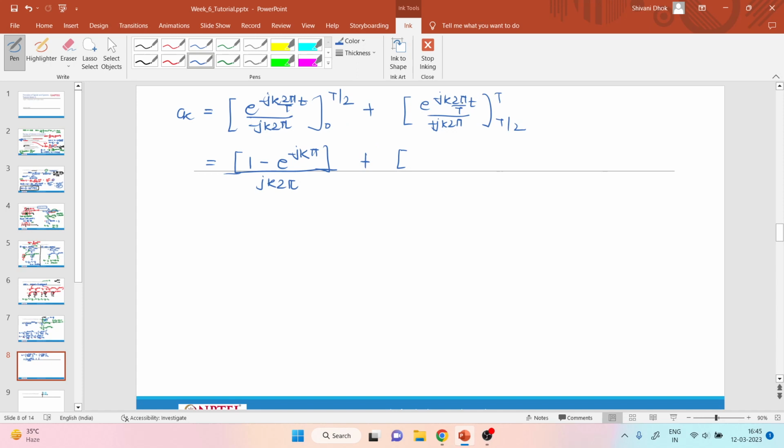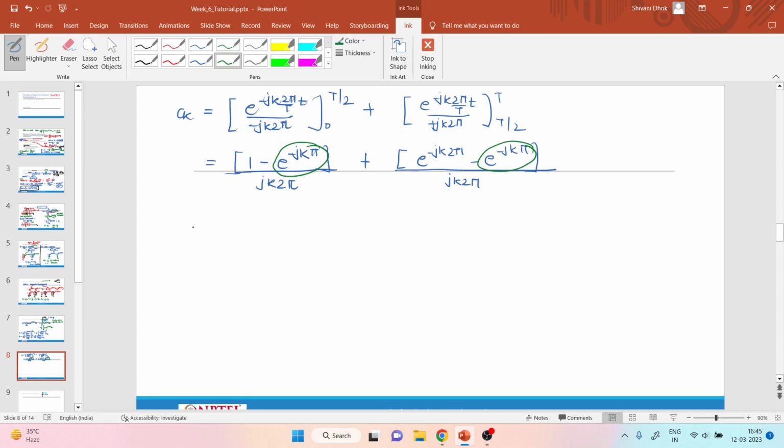I substitute this T here, so this becomes e power minus j k 2 pi, this T and this T get cancelled, minus e power minus j k pi upon j k 2 pi. Now we have these terms here, e power minus j k pi and e power minus j k pi.